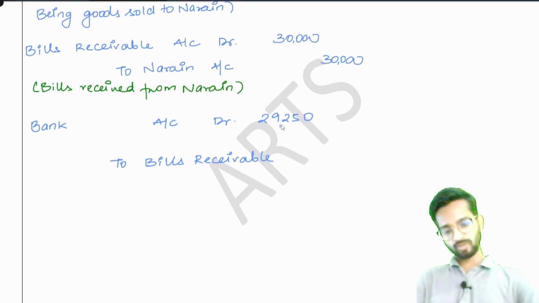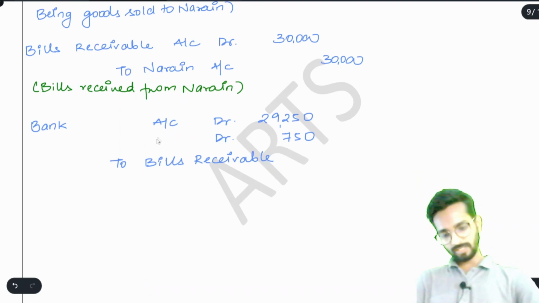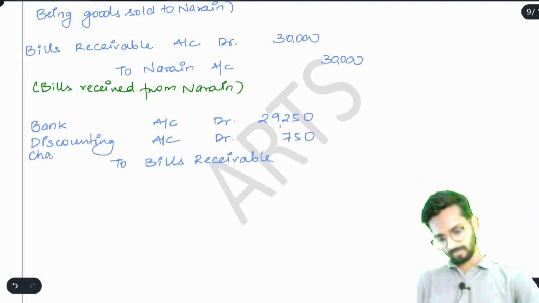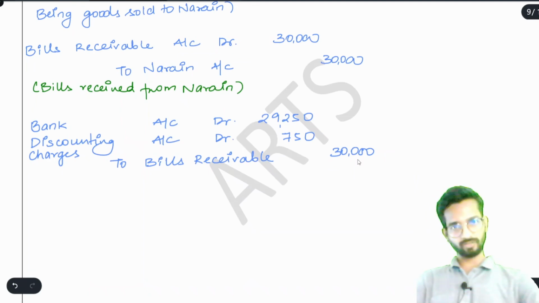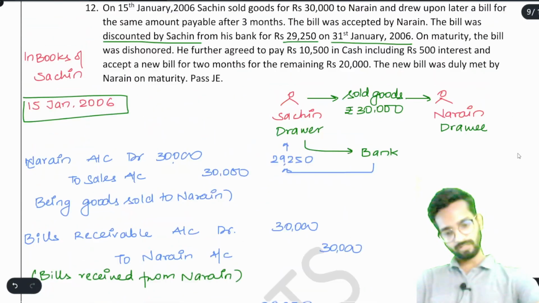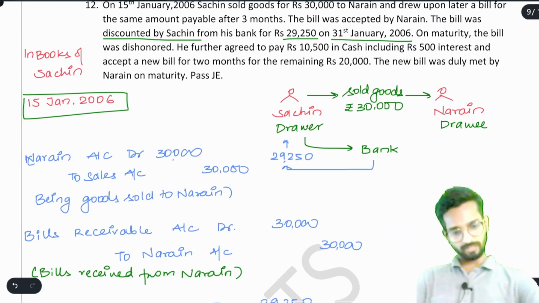I said yes, because the bank has deducted 750 rupees for discounting charges. We have already learnt it in the previous video. Discounting charges account debit to bills receivable. I have given bills receivable, my asset of 30,000, to the bank, and the bank has given me cash of 29,250. Okay, very simple.